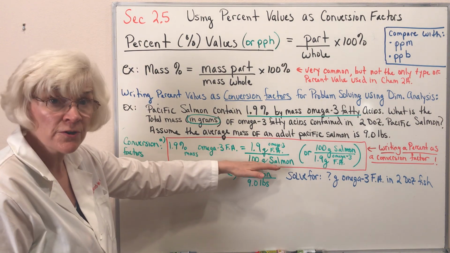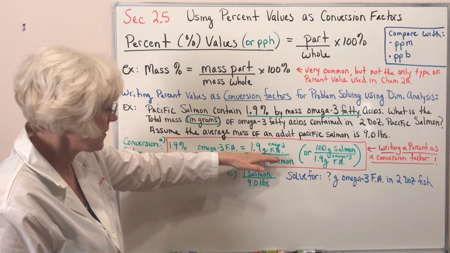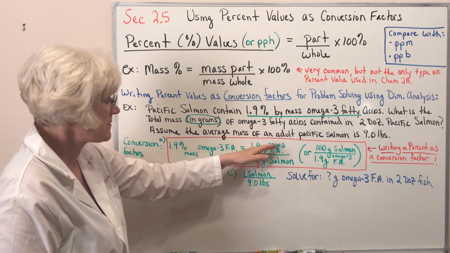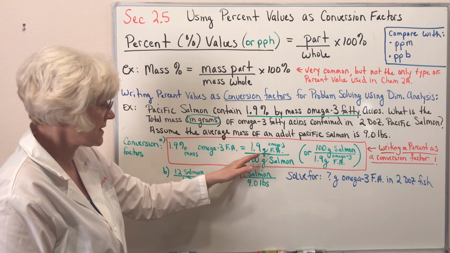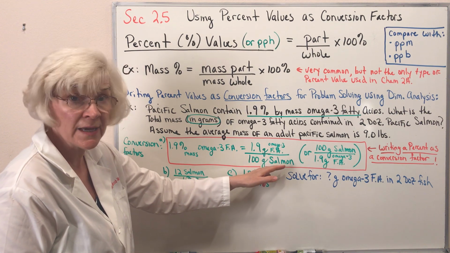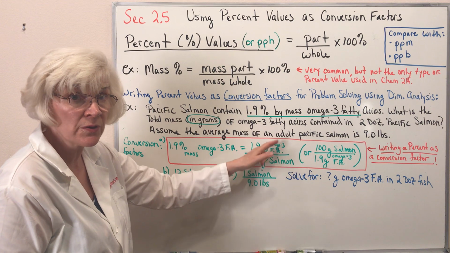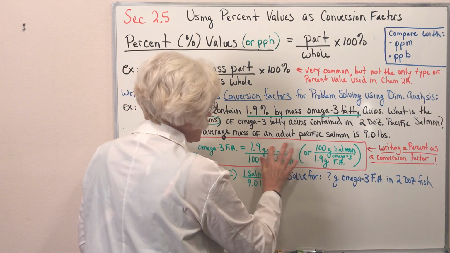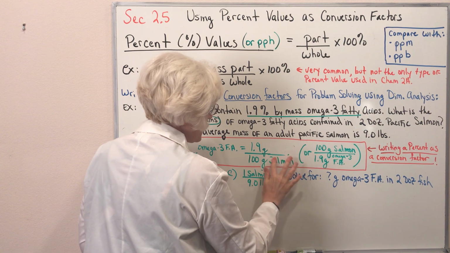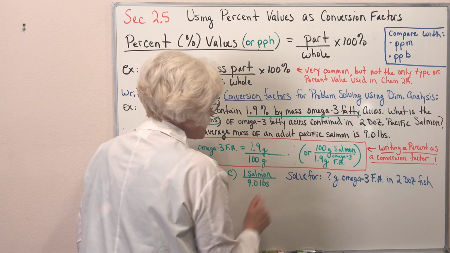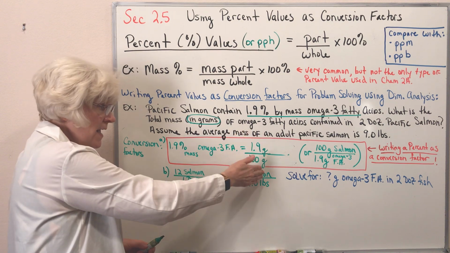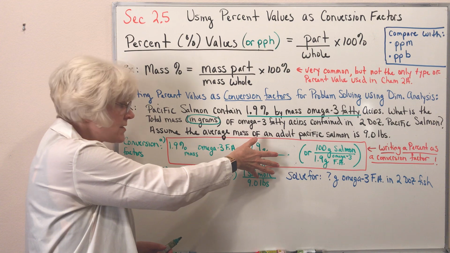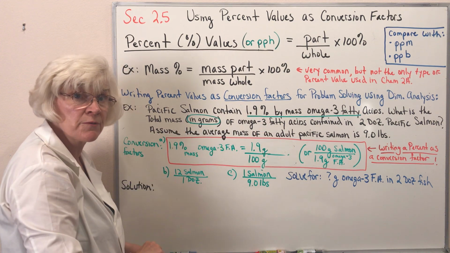Once you write your conversion factor, 1.9 grams of omega-3 fatty acids per 100 grams of salmon, note how I've labeled those values. It's of limited use to leave those labels off, because then you're not sure whether or not you need to use the conversion factor as written or in its flipped form.